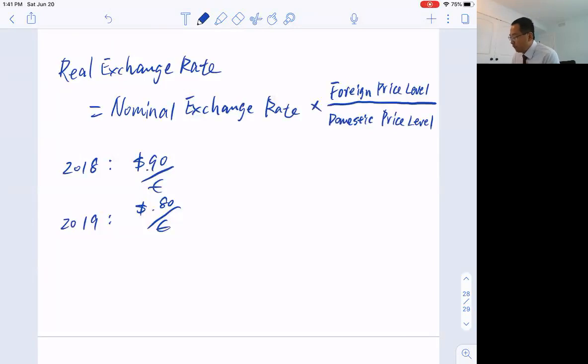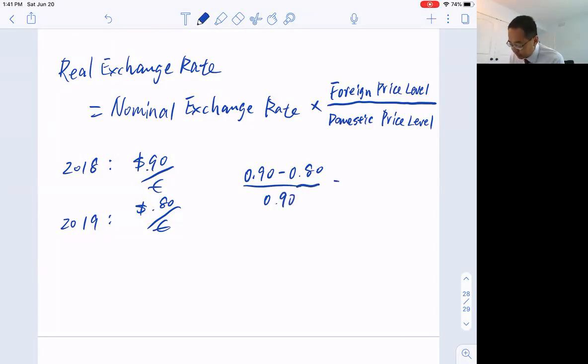So if we only look at these two rates, these are our nominal exchange rates. You might say, hey, look at that, the dollar has changed by 90 cents minus 80 cents divided by 90 cents, because that's the previous value, right?